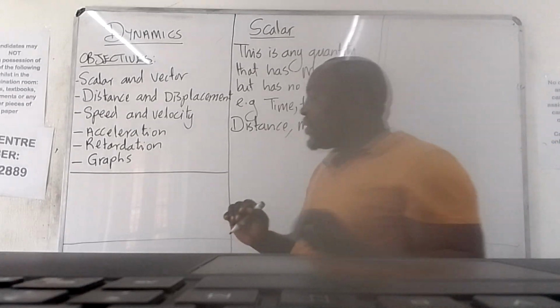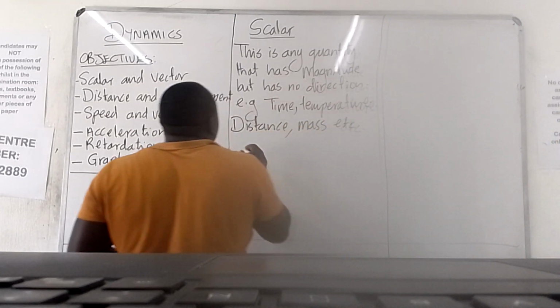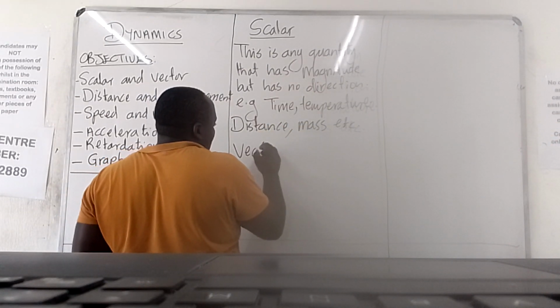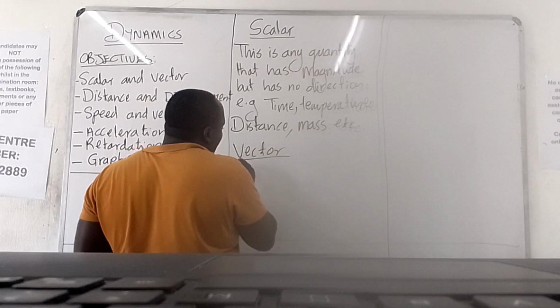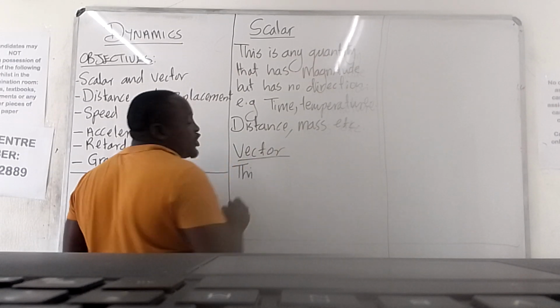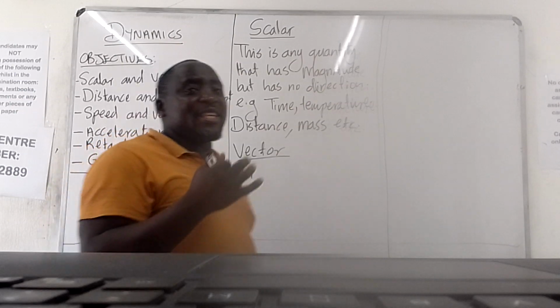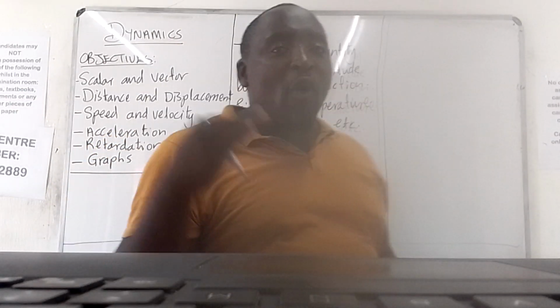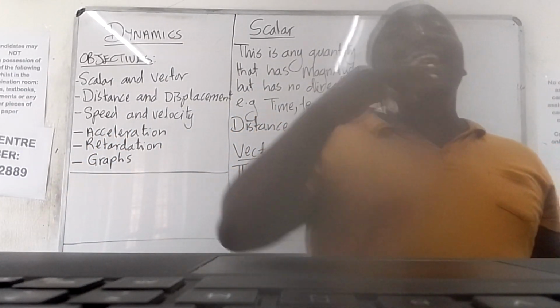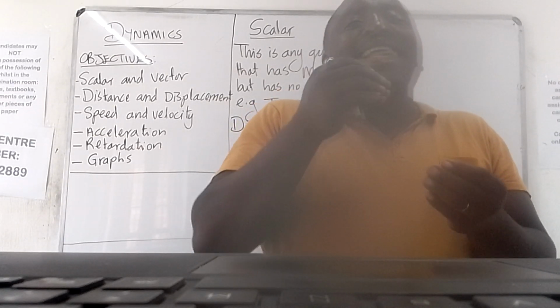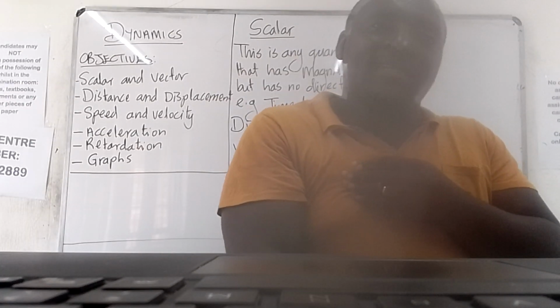Then we have the vector quantities. Vector is the direct opposite of scalar.